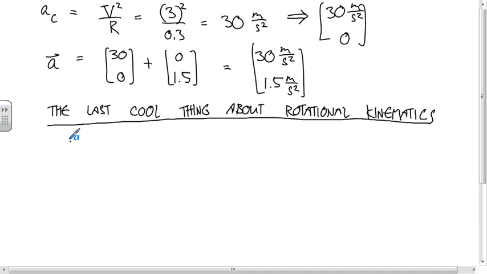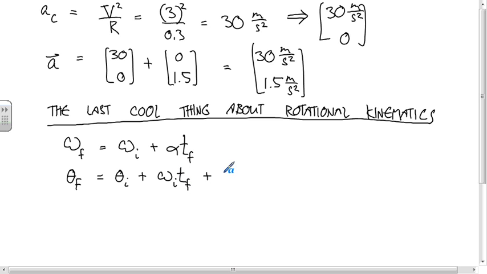So omega F is equal to omega initial plus alpha TF. Theta F is equal to theta initial plus omega initial TF plus 1/2 alpha TF squared.